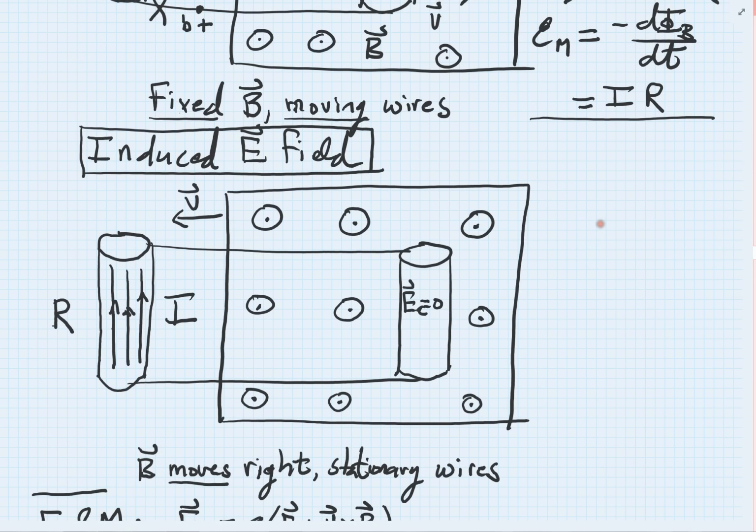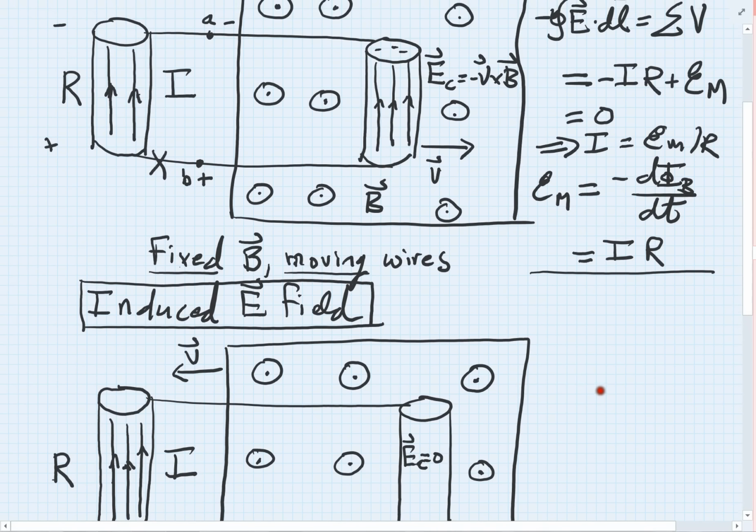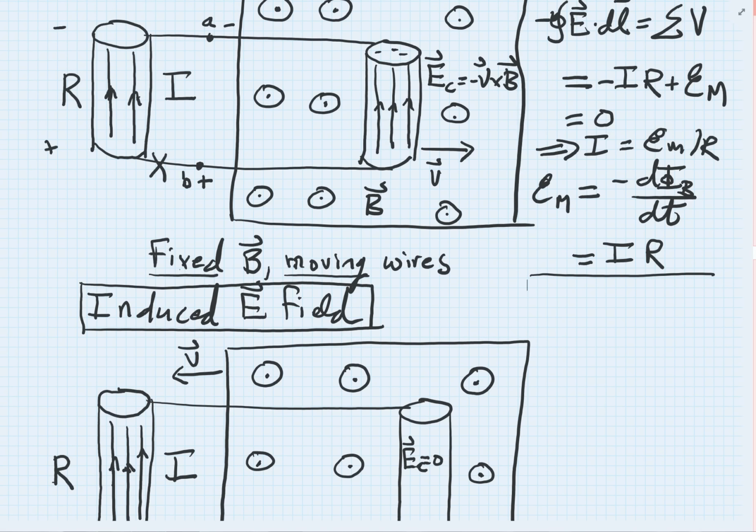For the case of this induced electric field, we have a similar but slightly different set of considerations to go through. Once again, in this case, we can calculate the closed line integral of E dot dl around our path.